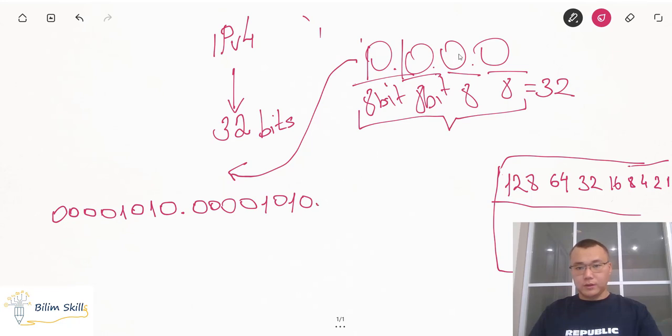And the third octet will be all zeros, right? Because it's empty. And dot, the last octet is also zeros, so 0, 0, 0, 0, 0, 0, 0, and one more 0.